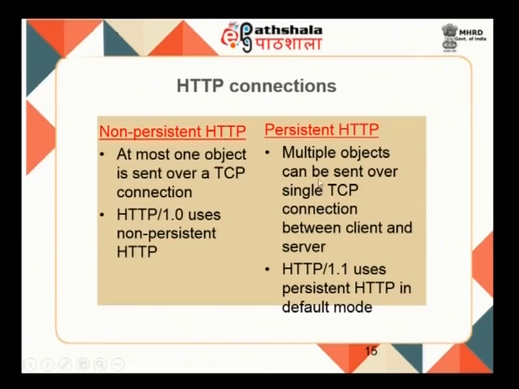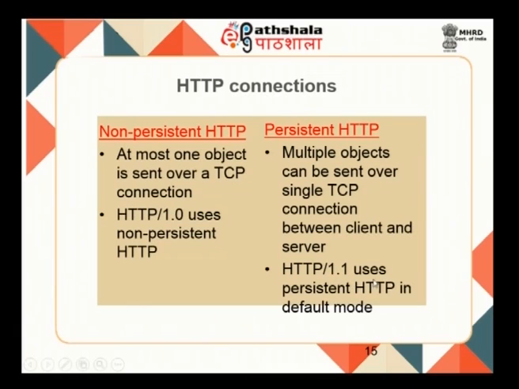Persistent HTTP, on the other hand, allows us to speed up the entire process. Once a TCP connection has been established between the client and the server, multiple objects can be sent over the same connection. That is, once you have the main page obtained on a particular TCP connection, you can use that same connection to request other objects which reside on that same server.